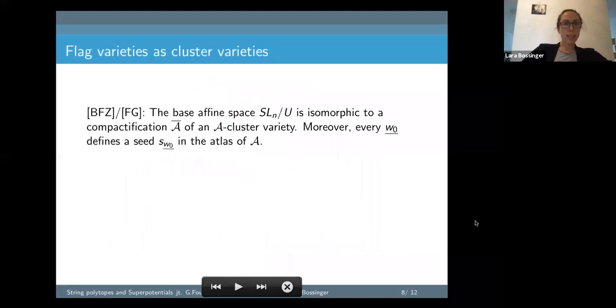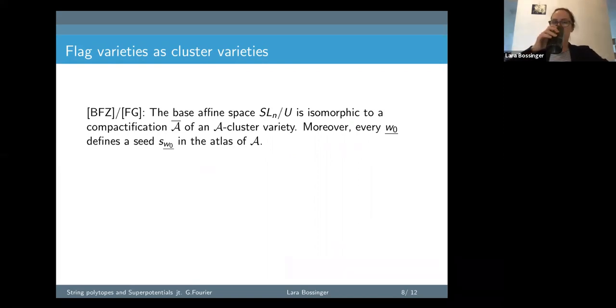So let's see how flag varieties appear in this setting. Berenstein, Fomin, and Zelevinsky, or maybe I should also mention Fock and Goncharov, due to their work we know that the base affine space SL_n mod U is isomorphic to a compactification of an A-type cluster variety.